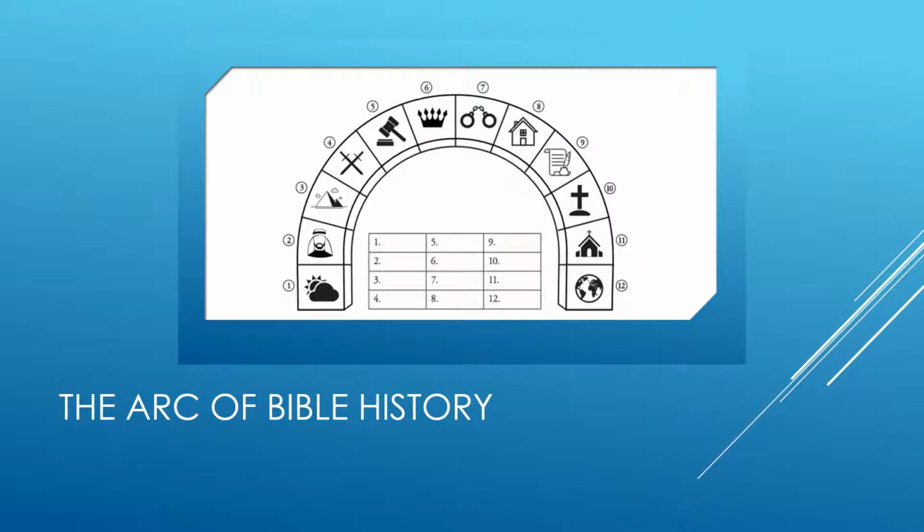Now remember, the books of the Bible do not necessarily appear in chronological order. You don't begin with the first book, which is Genesis, and continue reading to the second book, the third book, the fourth book, and so on, and one book follows another.